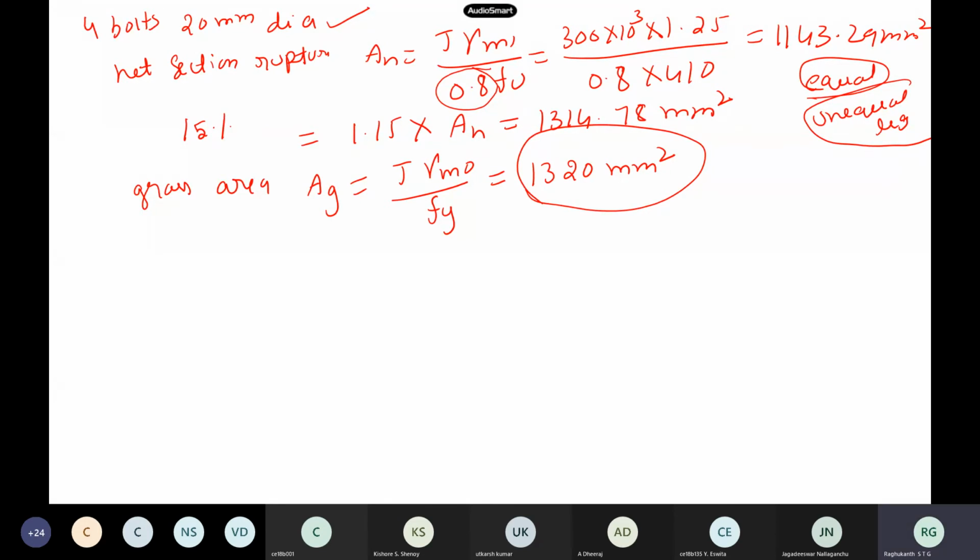What happens if you take equal angles? Area is the same for both of them, but more of the member is wasted on shear lag. Excellent, actually. So what is your preference? Unequal only we take. You follow, right?